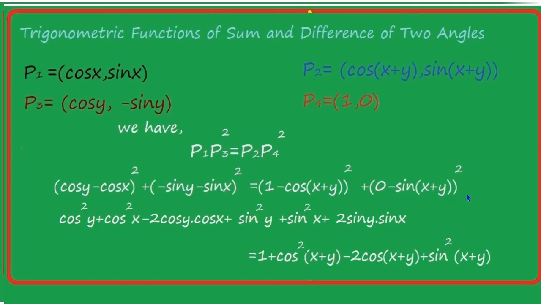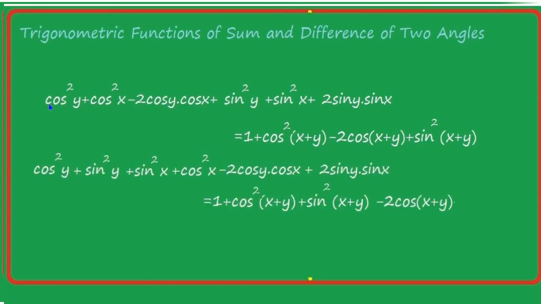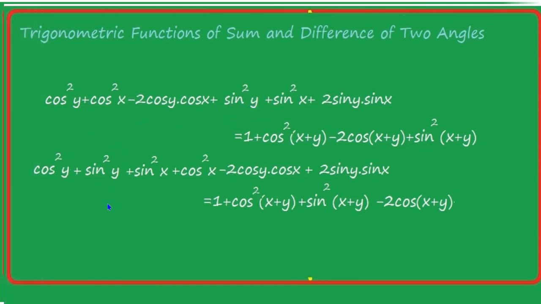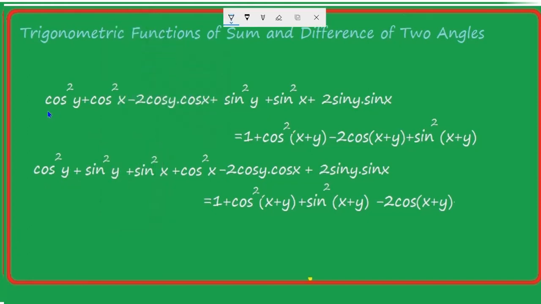Next, let us simplify further. Just see the next step: we are grouping cos square y plus sin square y. This is cos square y, this is sin square y, and it is here cos square y plus sin square y.